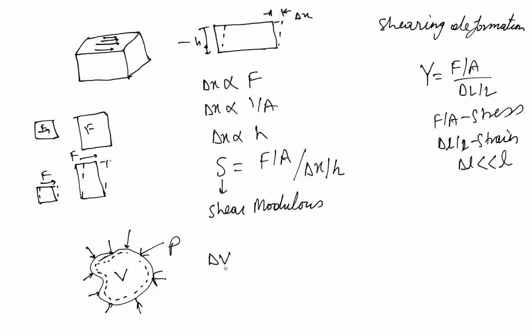There's a formula that tells us B equals P divided by delta V over V, and this is called the bulk modulus.